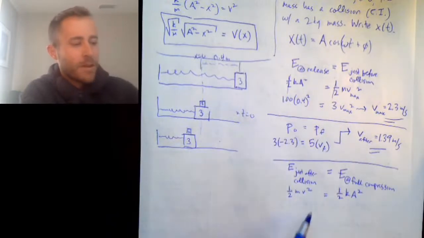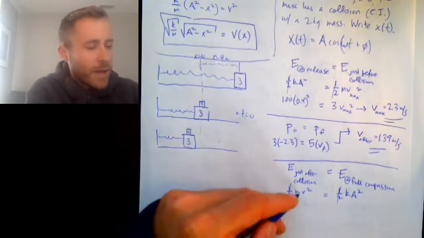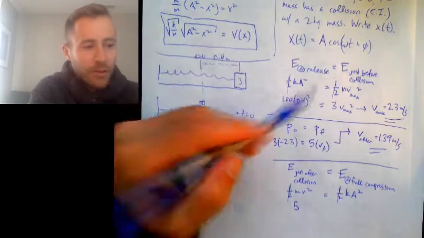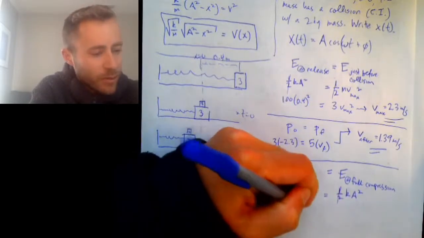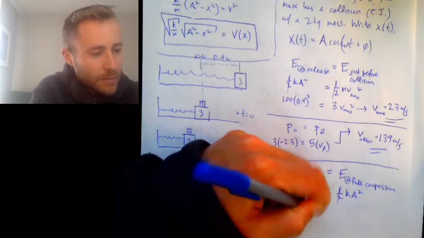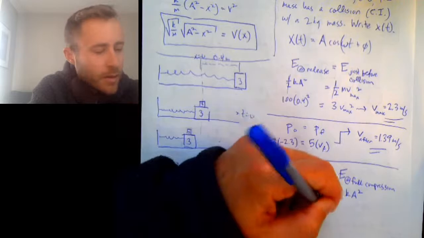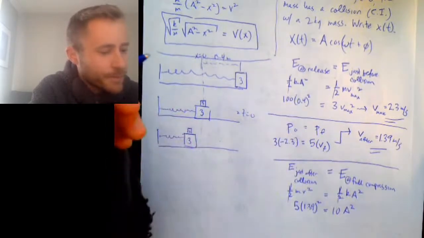All right. So again, I'll cancel out the 1/2. And the mass after the collision, I have 5 kilograms moving, not 3 kilograms like we did here. We know that the speed just after the collision is 1.39. And the k value is 100. So I can get the amplitude.